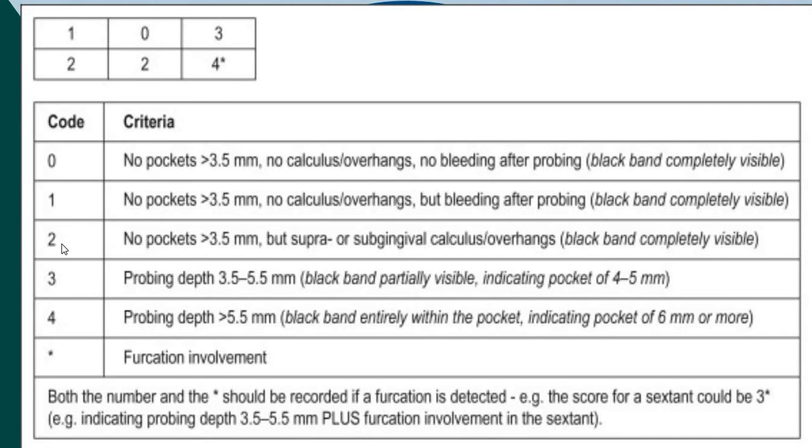While in score 2, here you don't have a pocket, but you have maybe supra or subgingival calculus or both of them, and you have mainly overhang filling or any plaque retentive factor, for example a partial impacted tooth.